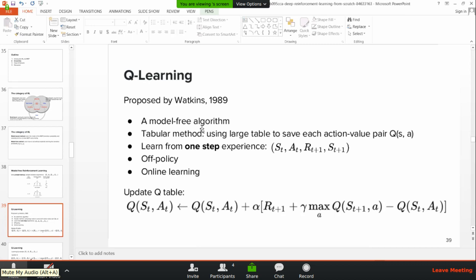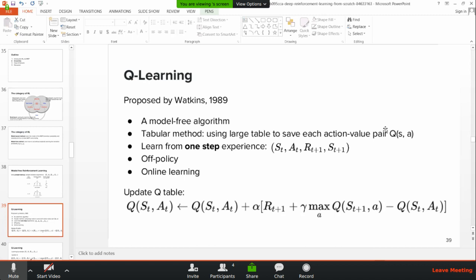Tabular method in the sense it has some large tables which give each action value pair. We said we made one table, right? So it has state and action. Similarly, this Q learning tabular method is nothing but, for every action you have a corresponding reward, or Q value.